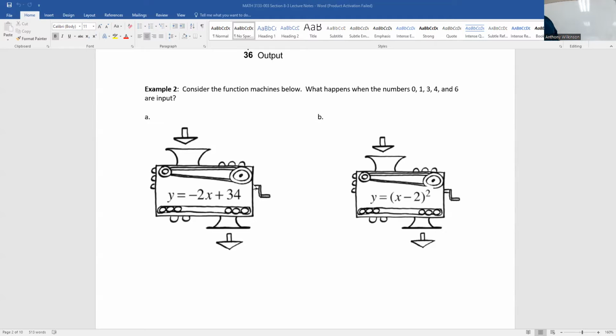Okay. So in this case here, we got y equal negative 2x plus 34. Then with 0, 1, 3, 4, and 6.